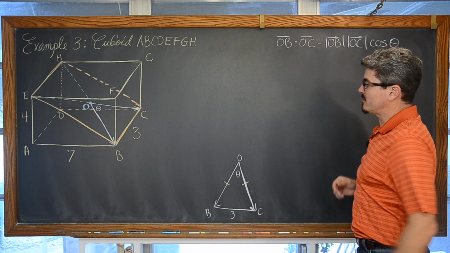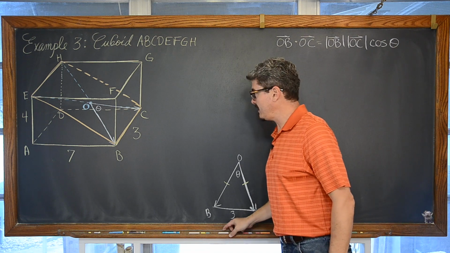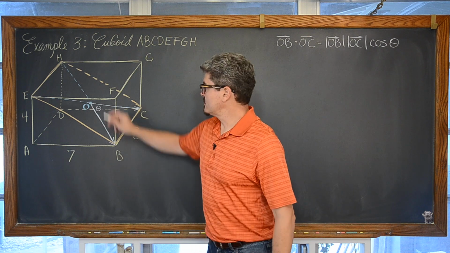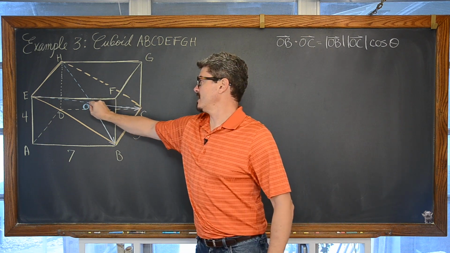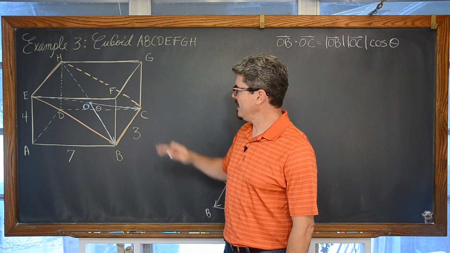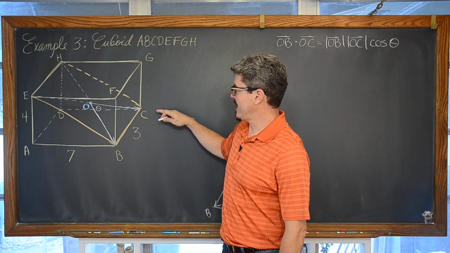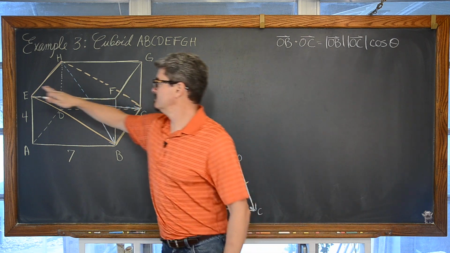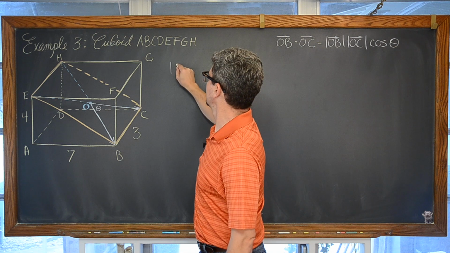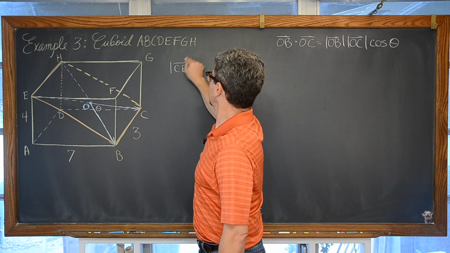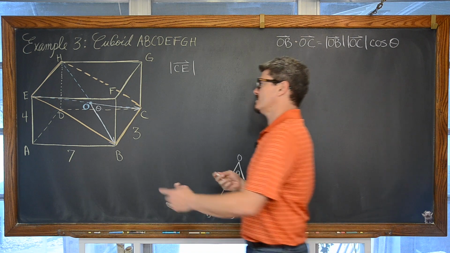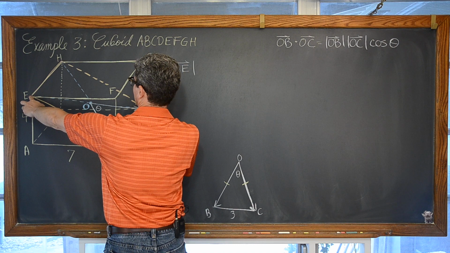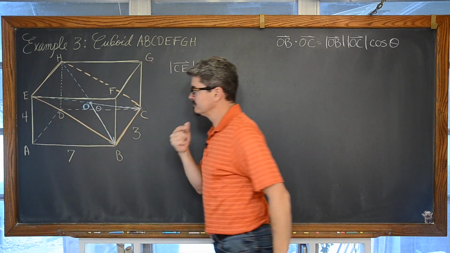We do have vector notation up here, and while I can't directly go to finding the magnitude of vector OC, or basically the length of this line segment, I can look at the magnitude of vector CE. Now the magnitude of vector CE, or basically just if I take out the direction portion of it, I just want to find the length of this line segment.